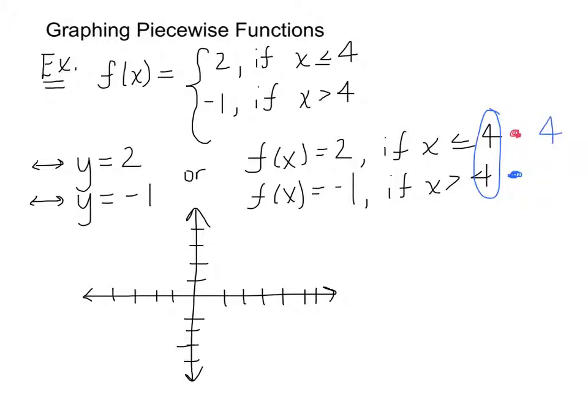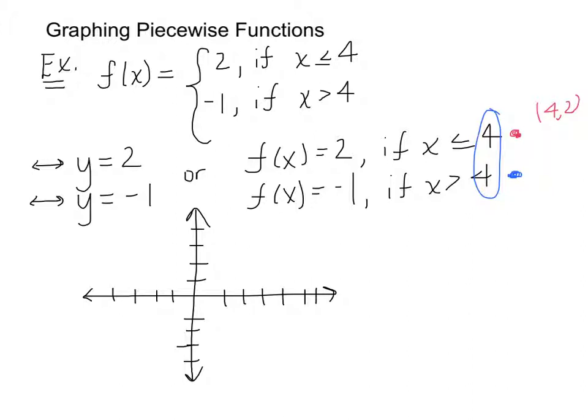Now, this is saying, if you look back, that all your y values are going to be 2. No matter what x is, your y values are 2. So for my first point, let me use the same color so we won't get confused. 4, 2. So I'm going to go to my graph and plot 4, 2.